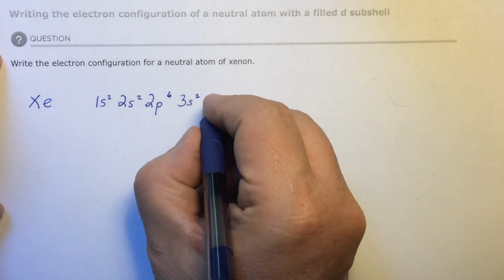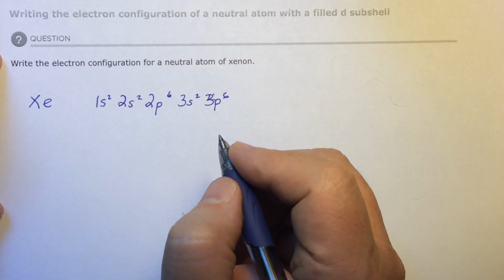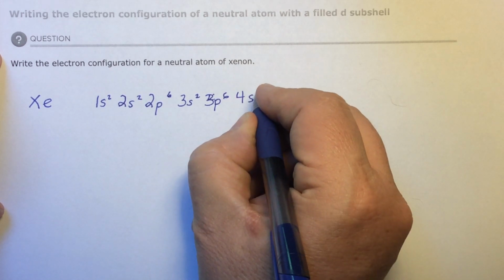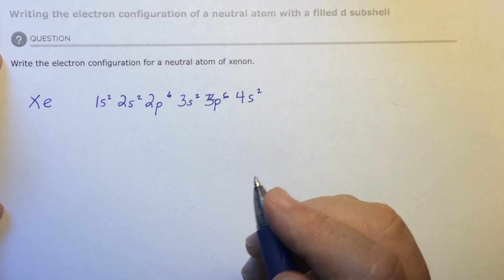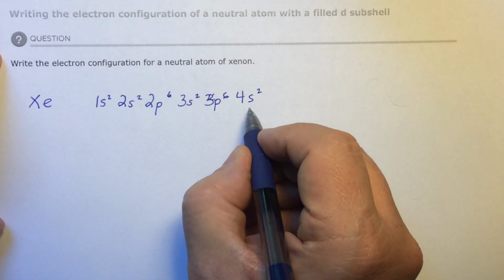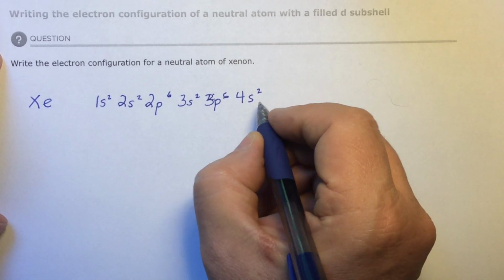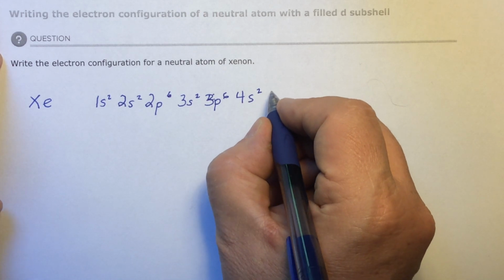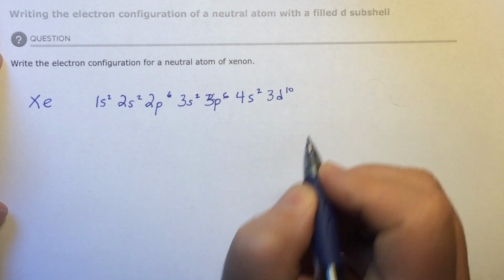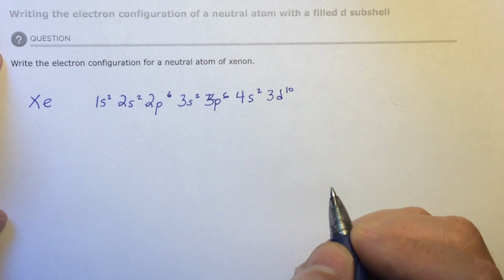Now we jump to 3p6. This takes us as far as argon. Now we're at 4s2, that's potassium and calcium. Please be looking at a periodic table or else this is gibberish to you. Now we have to go back into the d's. Once we get past calcium, number 21 scandium, this is 3d, and there are 5 orbitals, 2 electrons each, so 10 electrons.